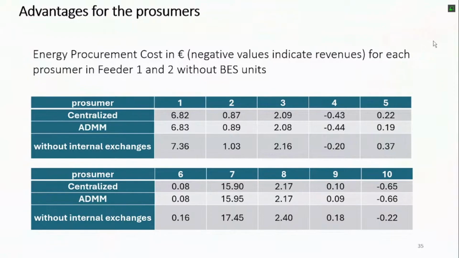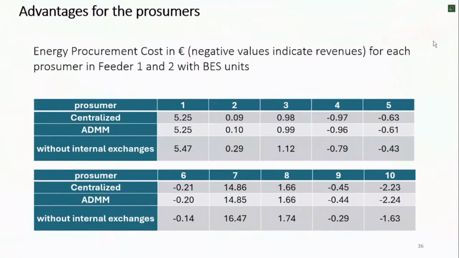You see that there are some prosumers that have a minus and plus because they are selling or buying electricity, and this is without internal exchanges. You see that for all those that have positive costs, they are higher, and for those that are negative costs, they are, in absolute terms, lower. So all the users have a benefit, or at least no damage, from the participation in the community, although they have different panels, different storage, and different characteristics.